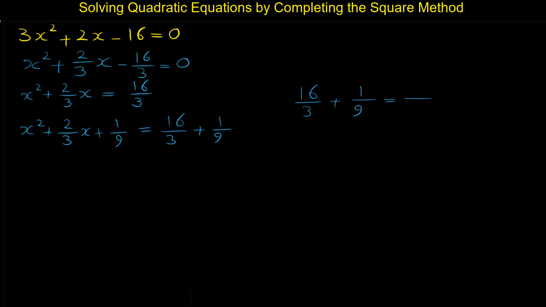The common denominator is 9. If we multiply top and bottom of this by 3, 16 times 3 is 48 plus 1. 48 plus 1 is 49 over 9. So 16 over 3 plus 1 over 9 is 49 over 9.